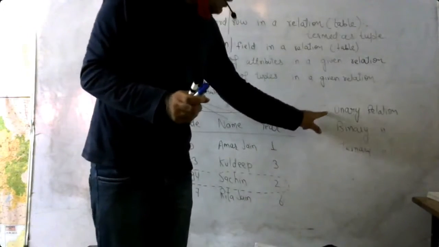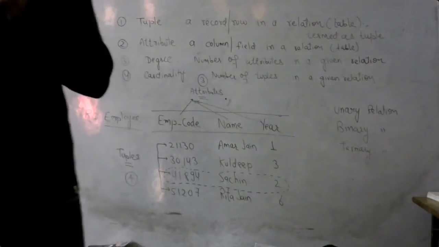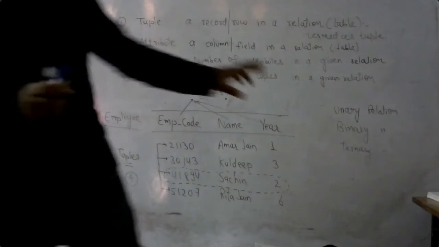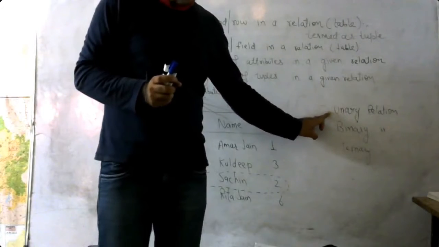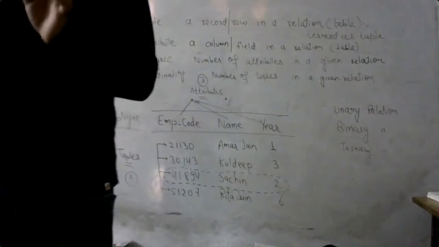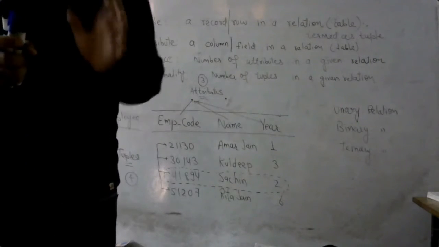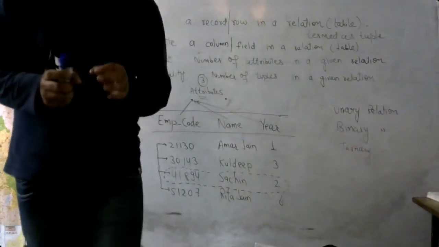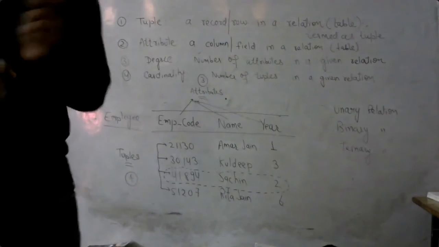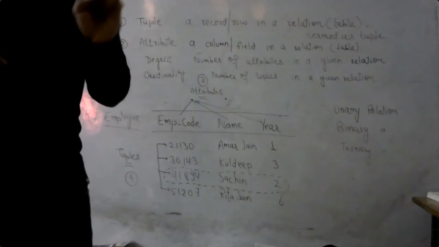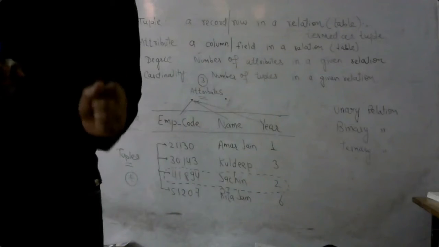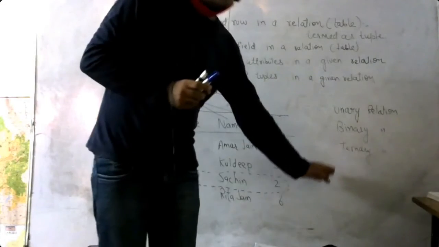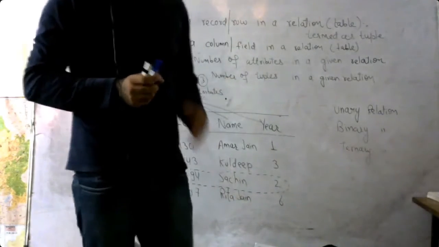If a relation consists of only one attribute, one column, one field, it is a unary relation. Two attributes, binary relation. Three attributes, or three fields or columns, ternary relation, and so on. Further, you can classify it.